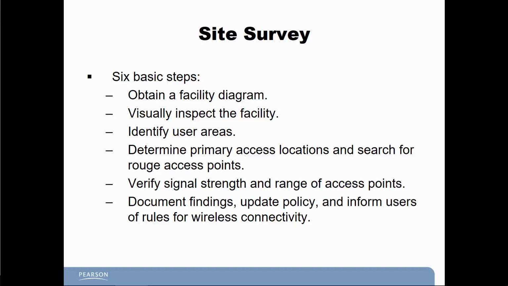So, site surveys, six basic steps. Get a diagram, visually inspect it, identify user areas, determine primary access locations, verify the signal strength, range, and maybe possible interference, document. Site surveys, basically, you're going to find the optimal location for your access points.